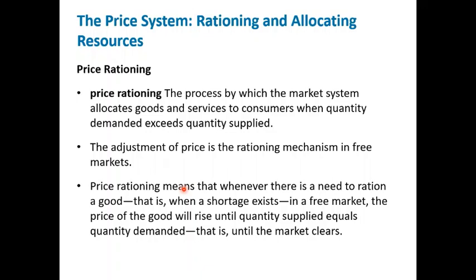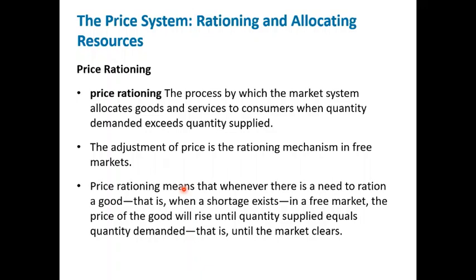If there's a shortage, price tends to go up in a market system, and it will go up enough so that there's only enough buyers for the number that's for sale. Now, please note, we're totally ignoring any equity concerns.